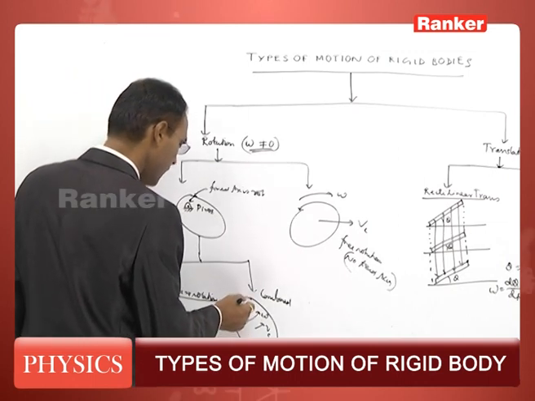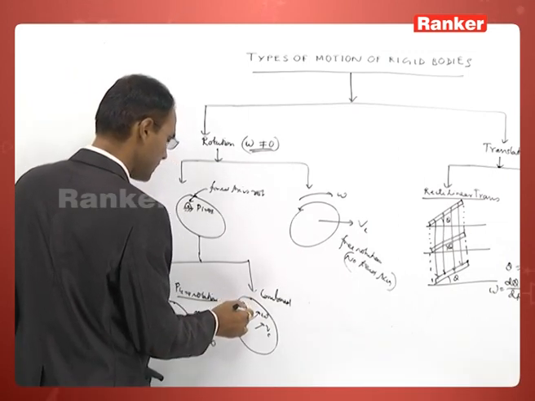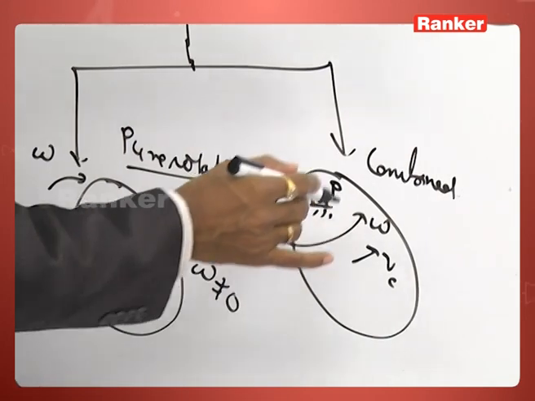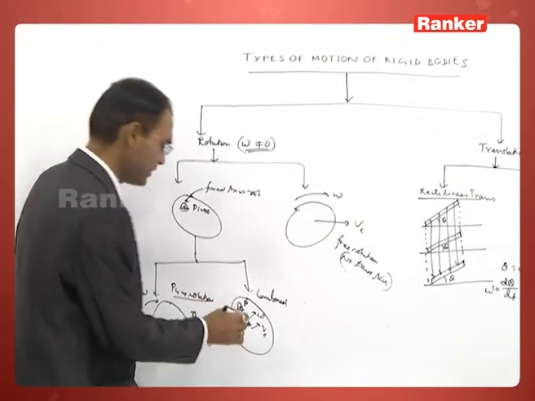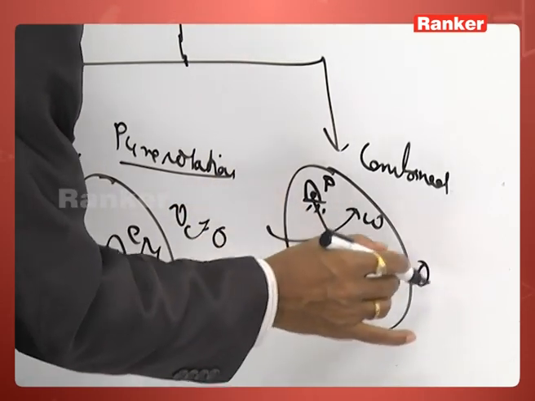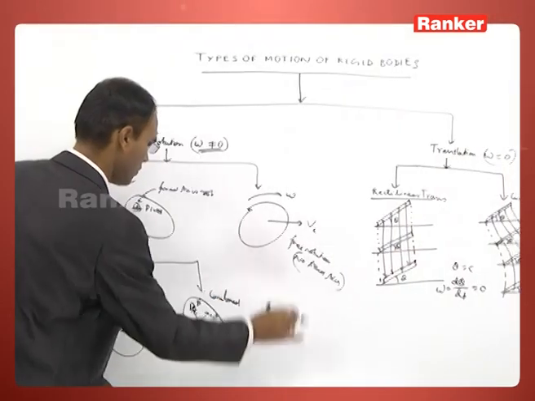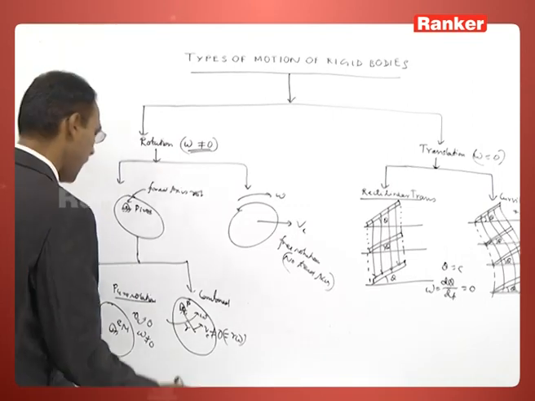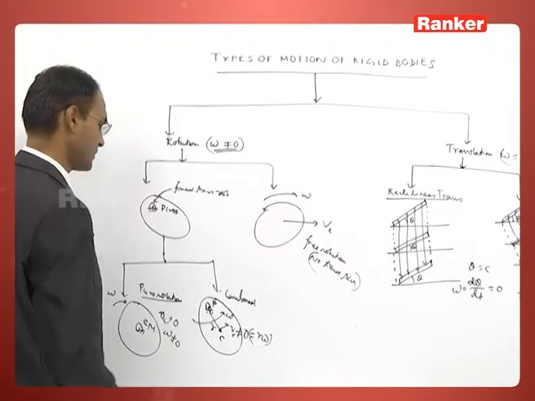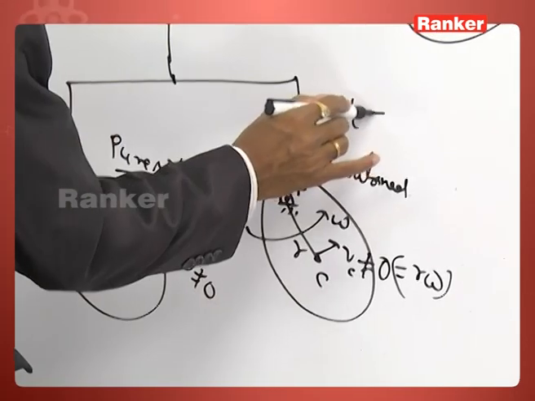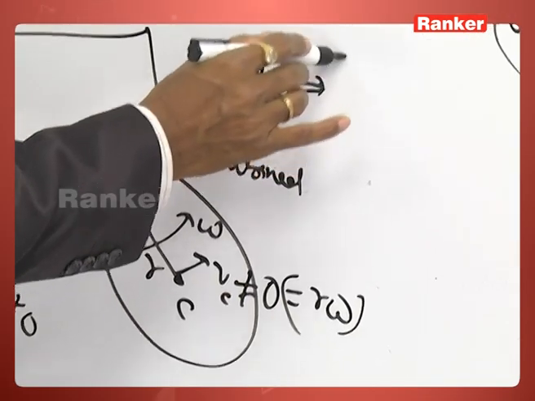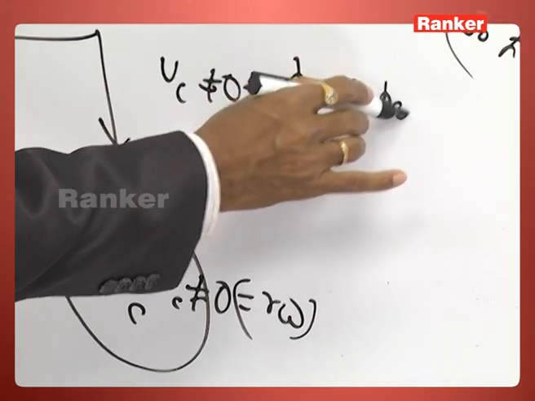Here, the axis passes through a point other than the center of mass. Therefore, the center of mass velocity is not equal to 0. It will be equal to r into omega, where r is the distance between the center of mass and the pivot. Since the center of mass velocity is not equal to 0, it has translation.